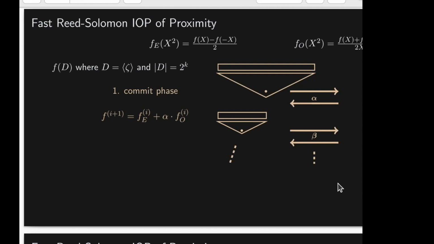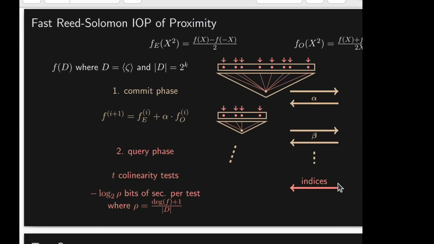But this is only the commit phase, because the only thing that the prover sent to the verifier at this point is a bunch of digests. In order to verify that these digests actually do represent correctly computed polynomials, the Merkle trees have to be opened, and they have to be opened in locations chosen by the verifier.